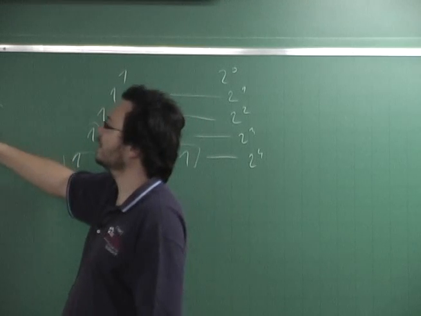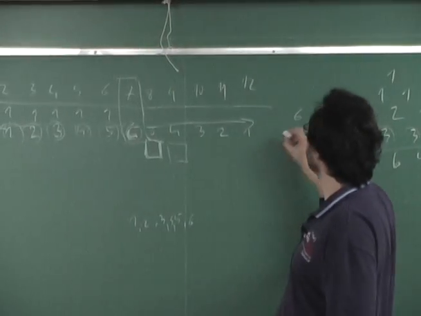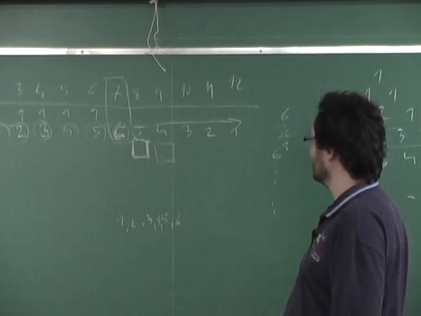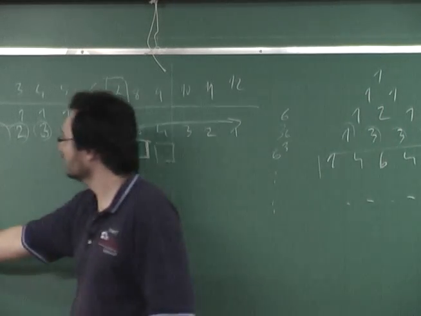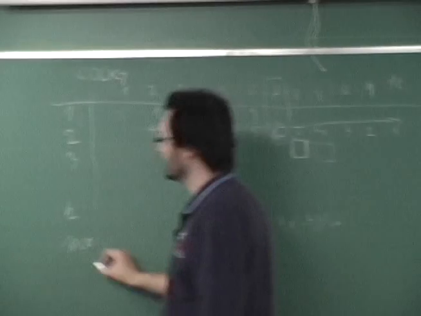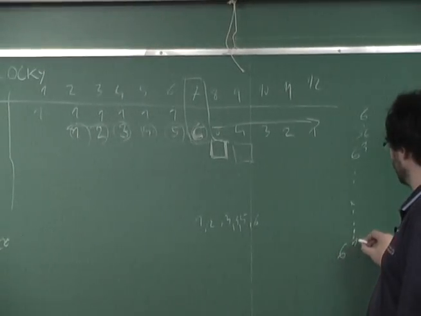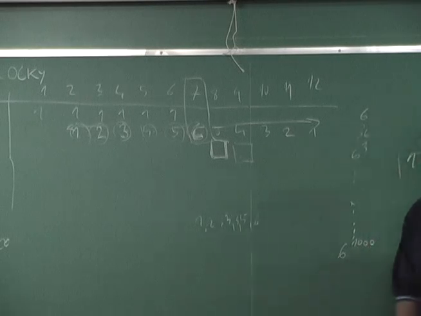The same holds here. Here the sum is 6. The sum here is 36, 6 to the 3rd, and so on. So if we have, like, I don't know, 1,000 dice, then the sum of these values is 6 to the 1,000. This is an amazingly large number.